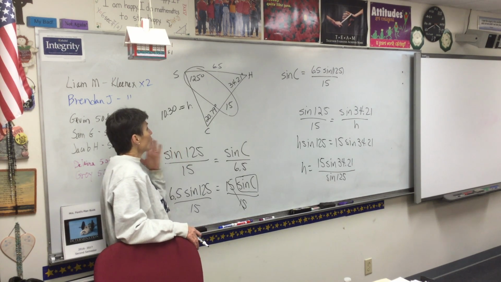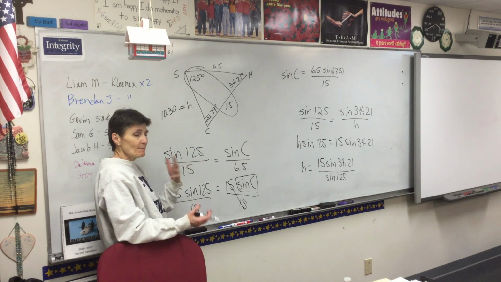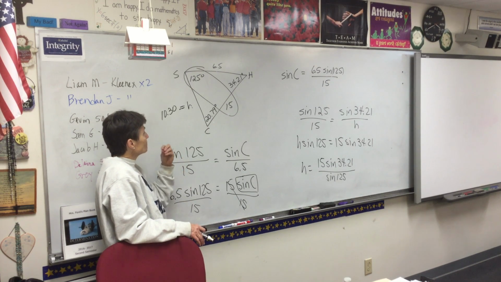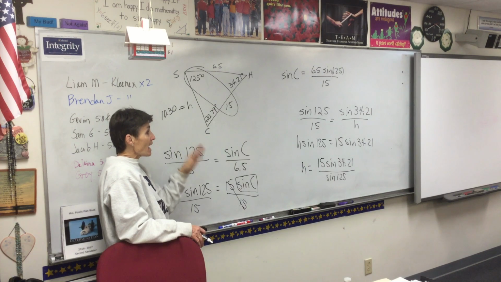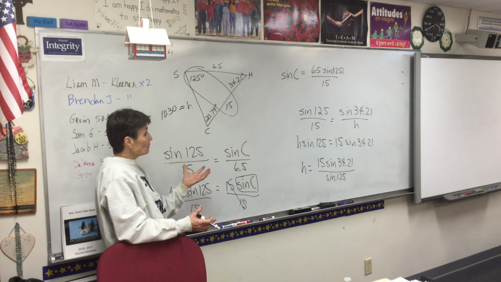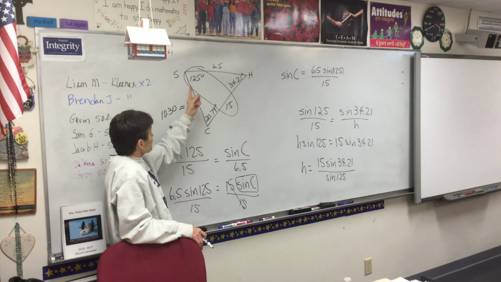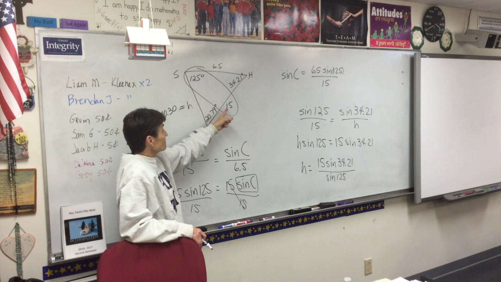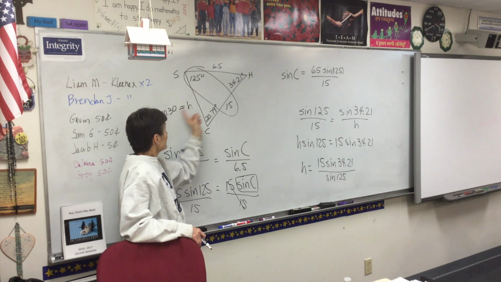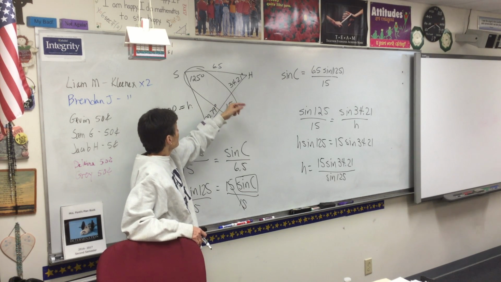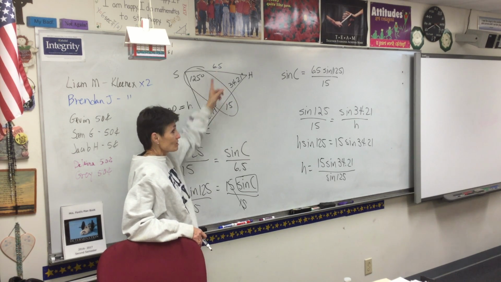You don't know whether you got exactly right, but you can kind of make sure it makes sense. Here's what I mean. In geometry, you learned that the bigger the angle, the bigger the side would be. So does it make sense that 125 is across from 15, 10 is across from 34, and 20 is across from 6.5?